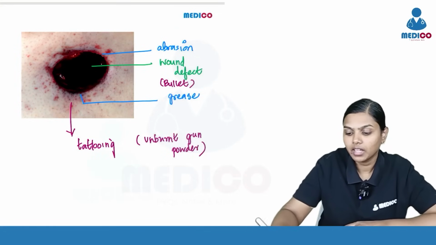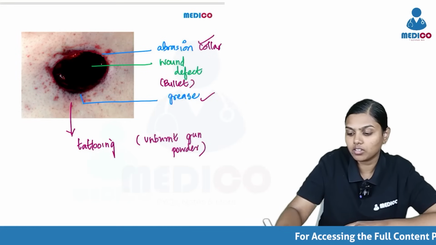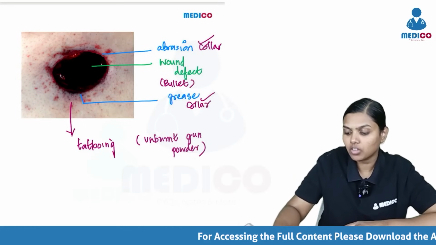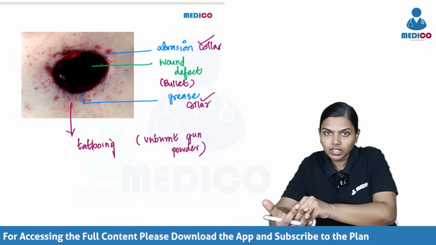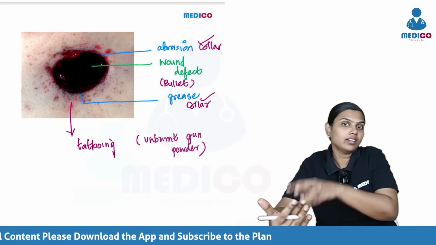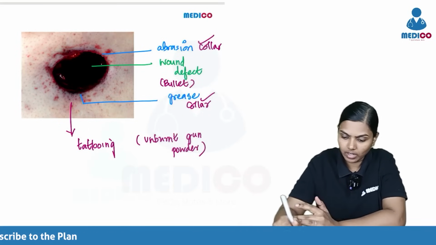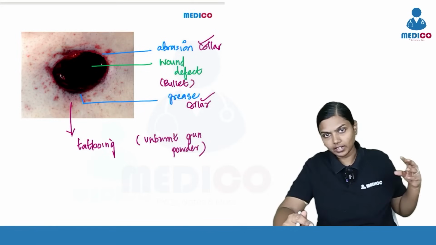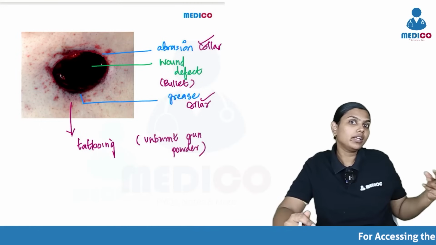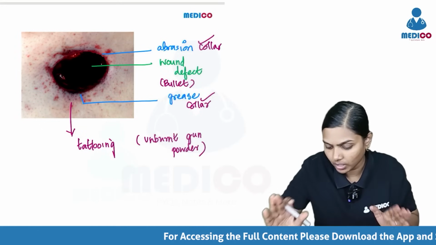And apart from these, the abrasion collar and grease collar are caused by the bullet only. When the bullet is striking the skin, because of the mechanical expansion, the skin will get abraded, so you will get an abrasion collar. Grease collar: when the bullet is coming out of the barrel, it brings the lubricant along with it, and that lubricant coats the wound. That is your grease collar.